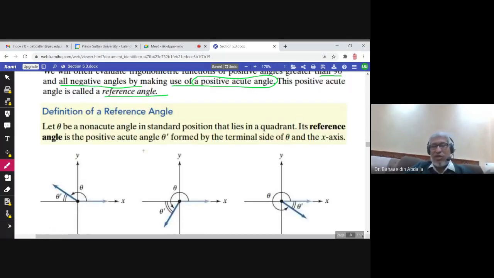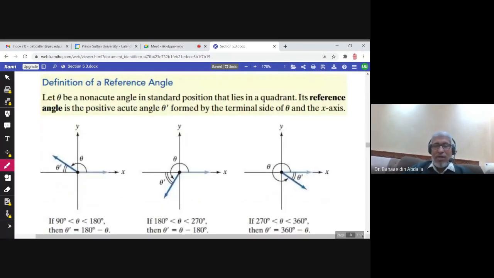So what is the definition of a reference angle? Let theta be a non-acute angle. So this is theta in the second quadrant, or in the third quadrant, or in the fourth quadrant. Of course, it has to be in standard position and lie in one of the quadrants.